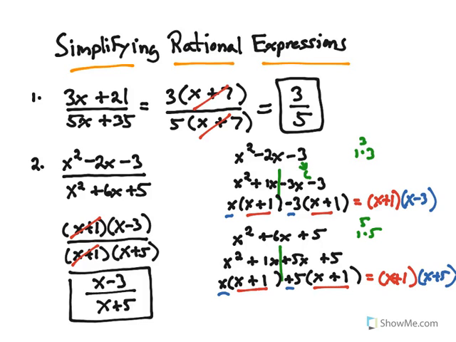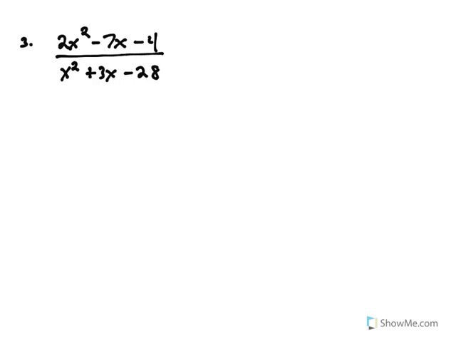Okay, so let's go ahead and do another one on the other slide. So we have 2x squared minus 7x minus 4, and that's divided by x squared plus 3x minus 28.